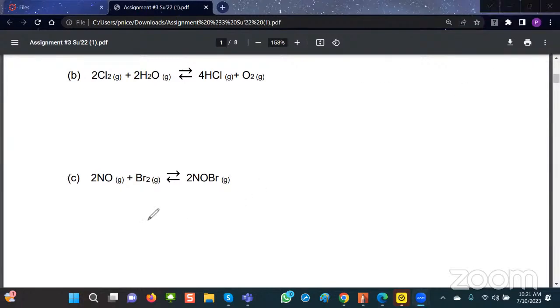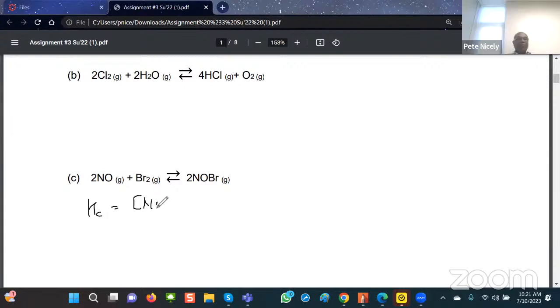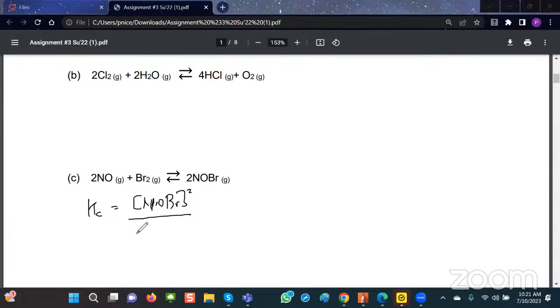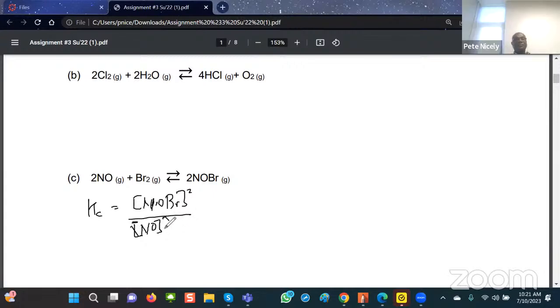Well, for the Kc value, it would be the same: concentration of NOBr raised to the second power divided by concentration of NO raised to the second power, and then concentration of Br2. I must apologize, I don't know what's going on with my writing stylus here.